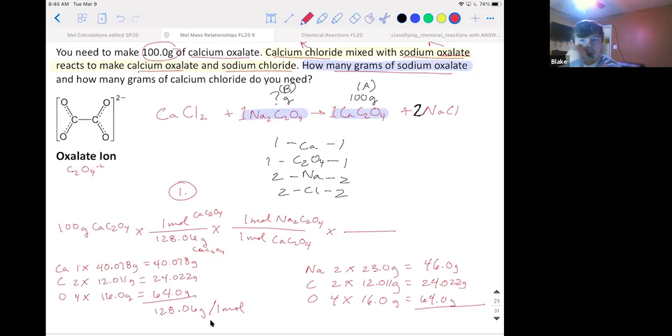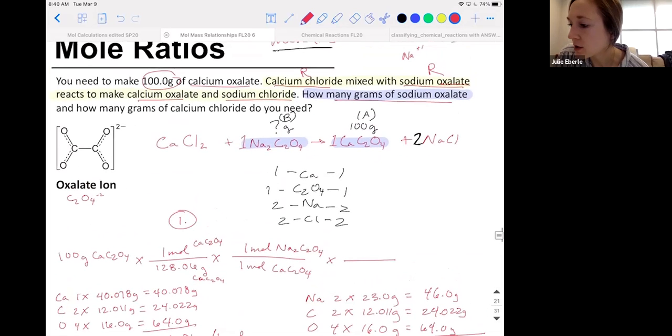Dr. Eberly, yes. So on the mole to mole ratio, we're using those two because that's what we want to figure out how many grams there are of, correct? Right. The question from the word problem, the one I highlighted in blue, is what we're answering right now. It says how many grams of sodium oxalate? And we're starting with the other part I highlighted in blue, 100 grams of calcium oxalate.